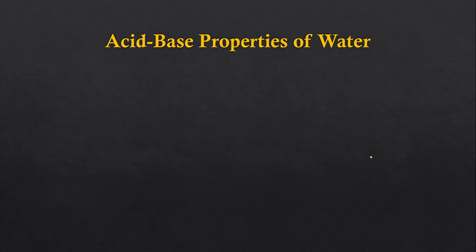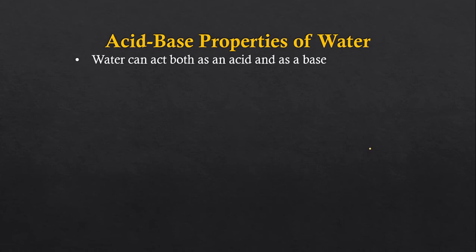Now, let's talk about the acid-base properties of water. Kasi nga, di ba, yung water, it can dissociate to form hydrogen ion and hydroxide ion. So, water can act both as an acid and as a base. Katulad nga ng mga pinakita kong examples kanina.